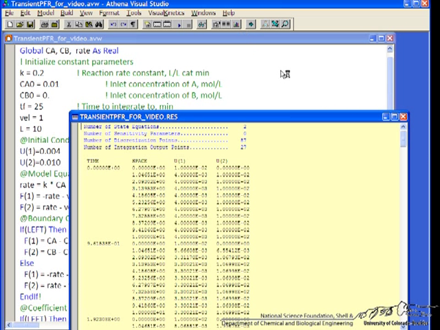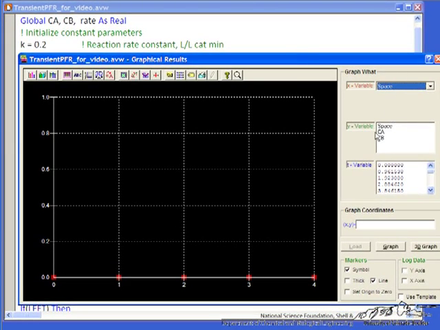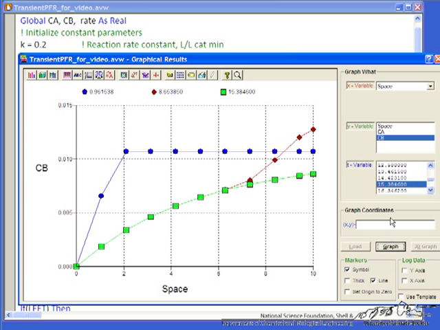And if we hit the graph button, and again we're going to plot versus space, which is distance down the reactor. And if I look at the concentration of B as a function of time, graph just a few values, you see the behavior looks different as I've changed that inlet concentration: short time, then intermediate time, longer time.